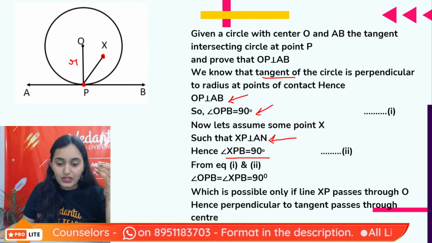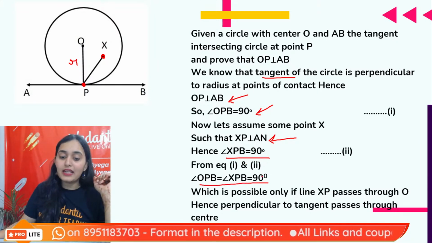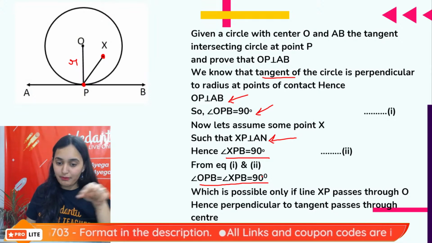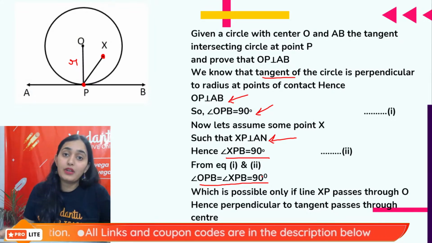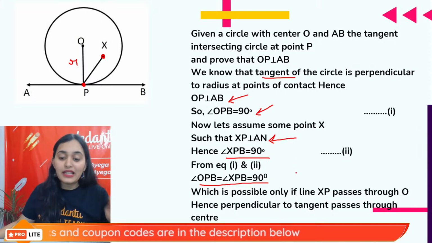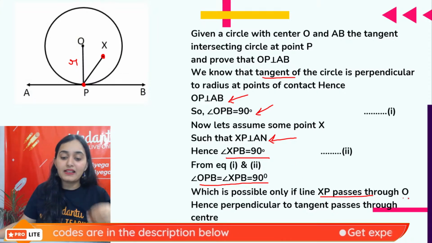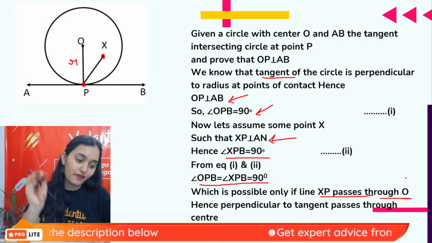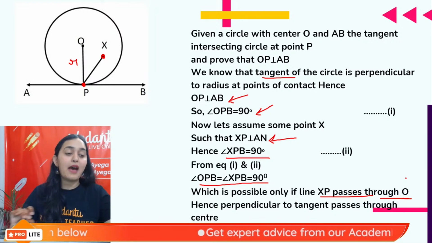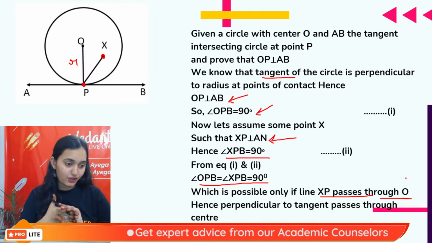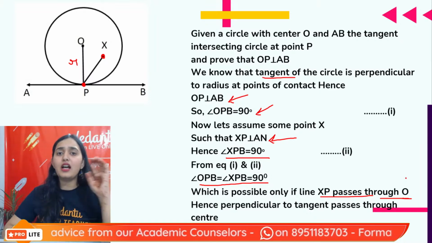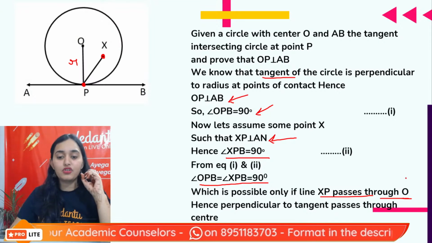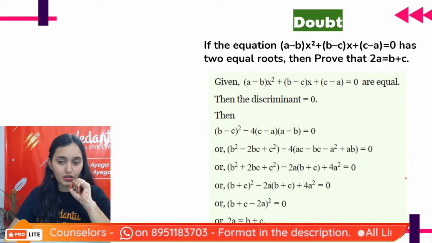Now, from equation 1 and 2, angle OPB and angle XPB are equal. But how can it happen? It can only happen when XP passes through O, that is center of the circle. So, using contradiction we will establish the proof of this question.